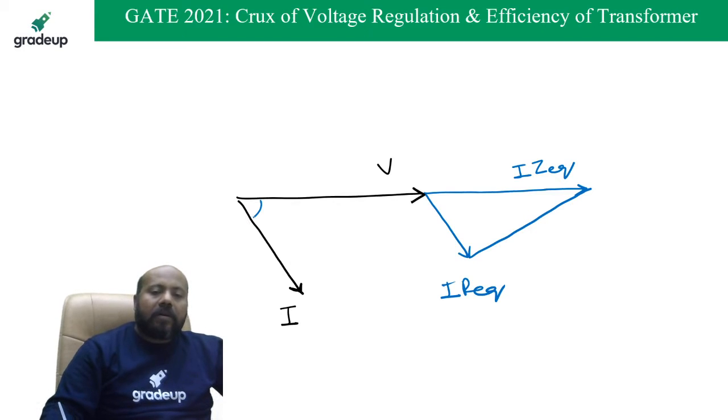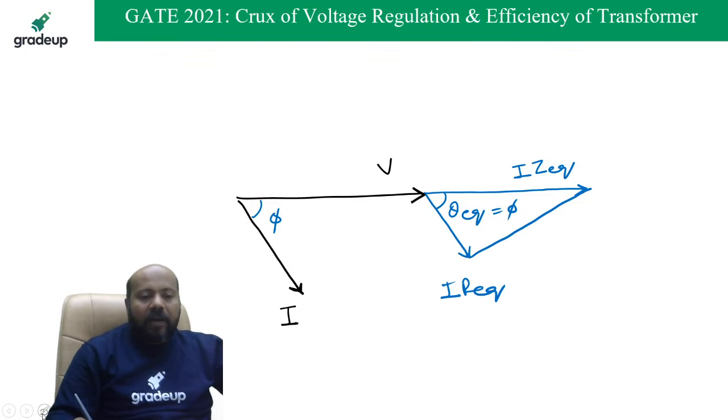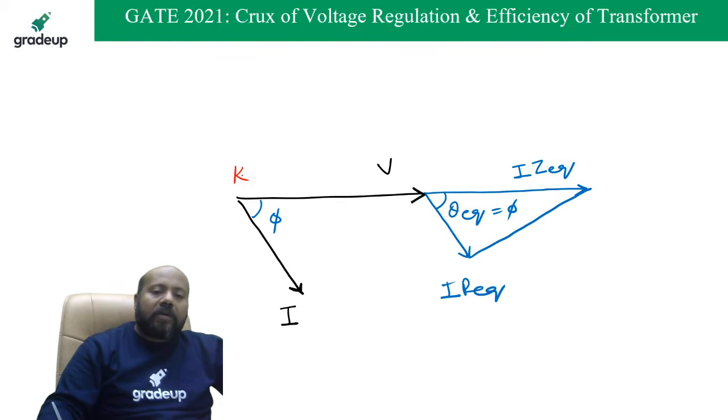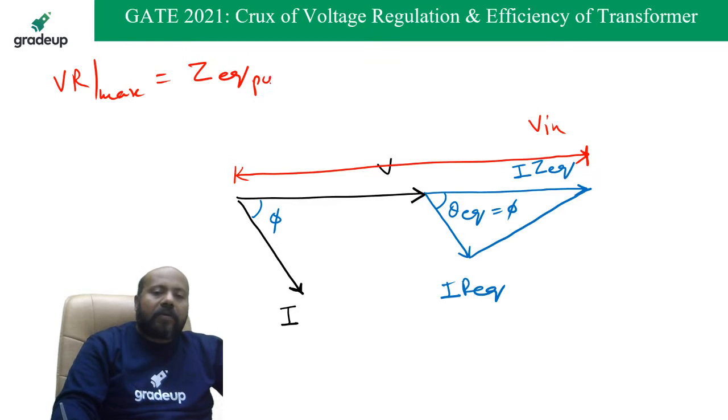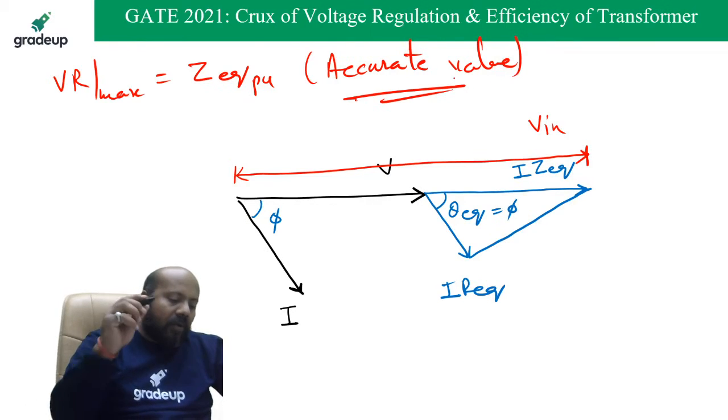It means phi is equal to theta equivalent. This is the maximum voltage regulation condition. So you are not taking any approximation, and that is why the maximum voltage regulation value, Z equivalent per unit, is the accurate value, not the approximate one.